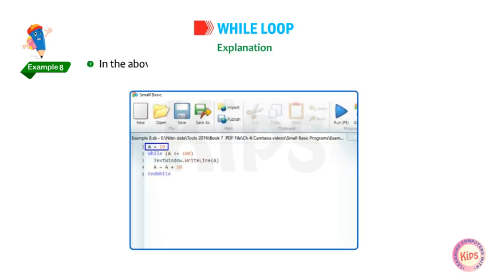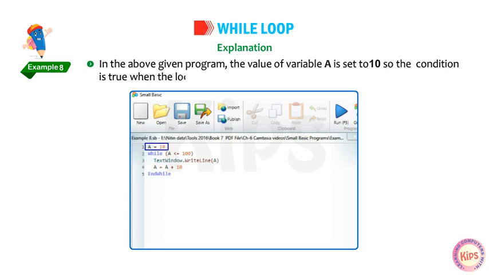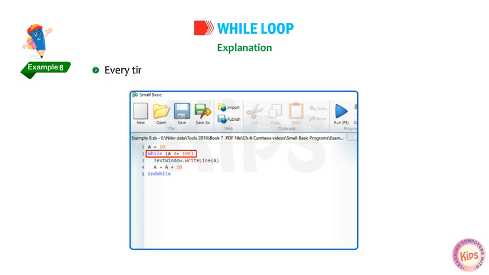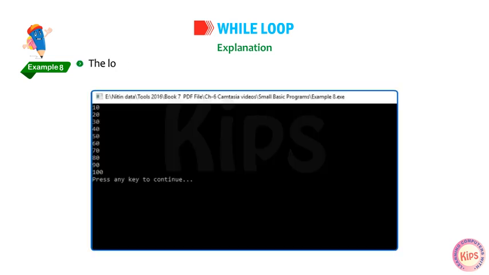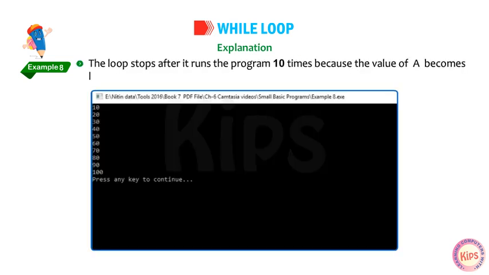Explanation. In the above given program, the value of variable A is set to 10, so the condition is true when the loop starts. Every time, the value of variable A is increased by 10 when the loop executes. The loop stops after it runs the program 10 times because the value of A becomes larger than 100.